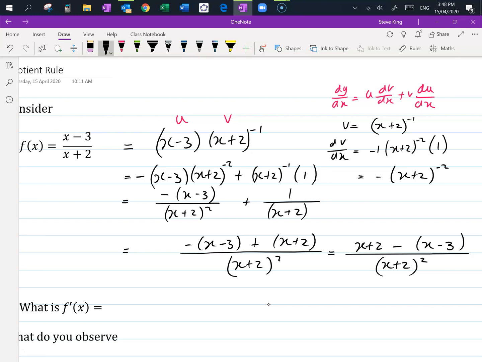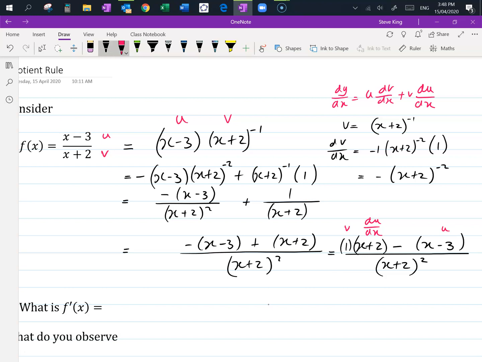Well, if we look back at where we started from, what we appear to have over here, this was v, and this was u. That was our u, and that was our v. But we can also think that this thing was in fact multiplied by 1, and 1 is du dx.